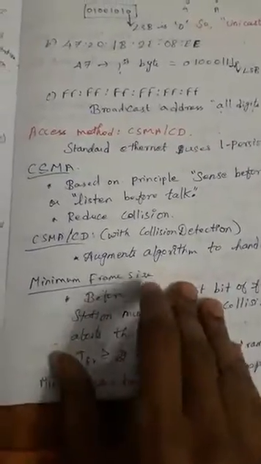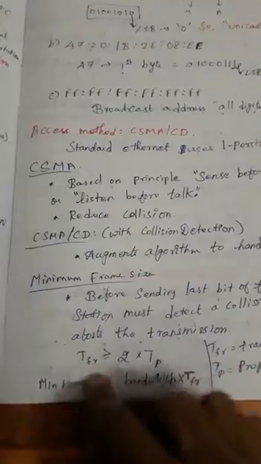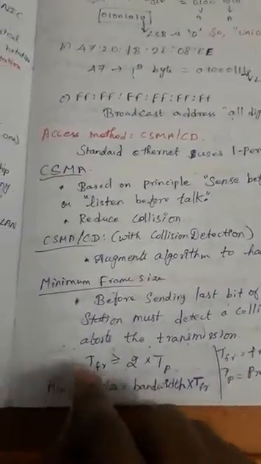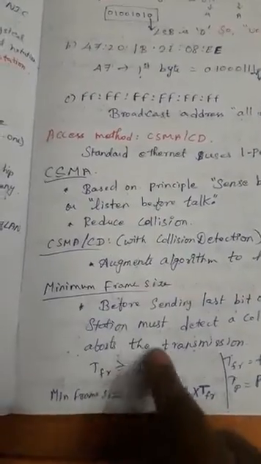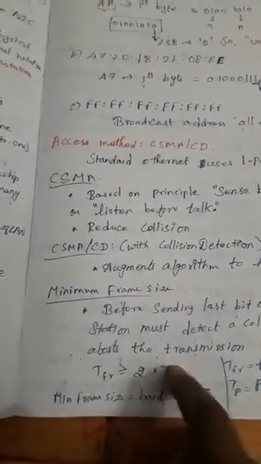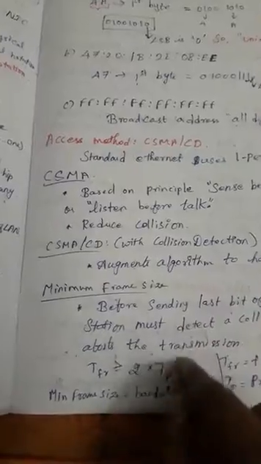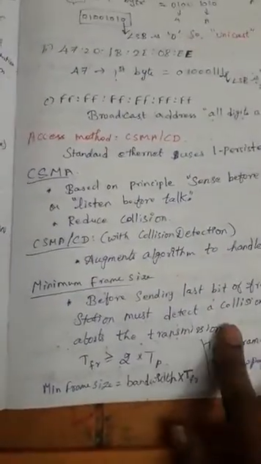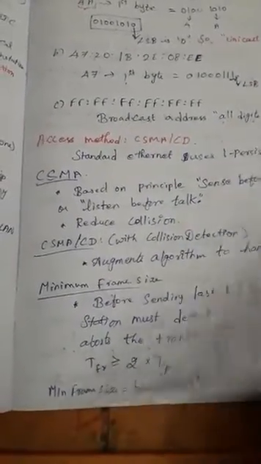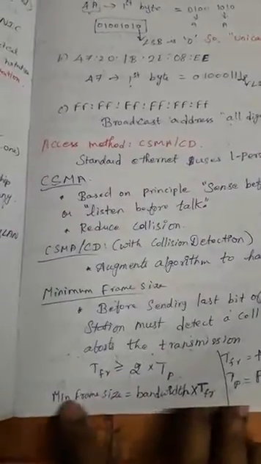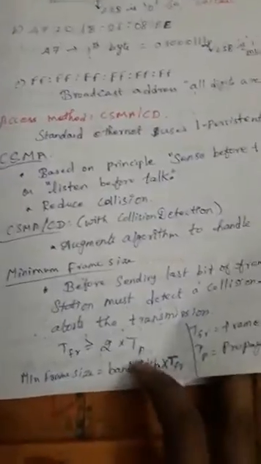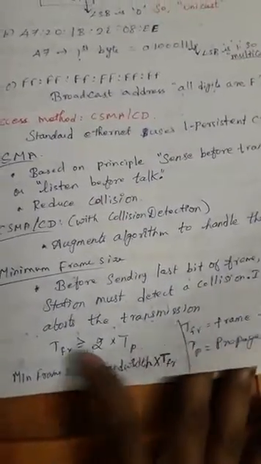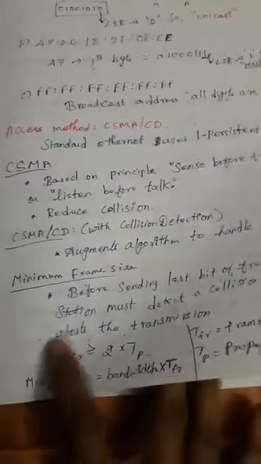So our formula is: the frame transmission time, that is the data transmission time, is greater than or equal to twice the propagation delay time, where Tp is the propagation delay. To calculate the minimum frame size, it is equal to bandwidth times Tfr, that is the frame transmission time.